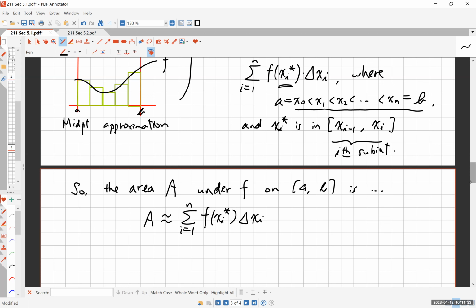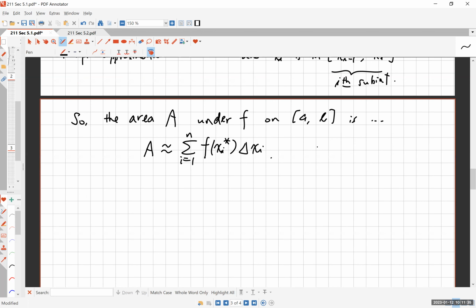All right, and so how do you make this more accurate? For accuracy, more precision, we let n go to infinity.